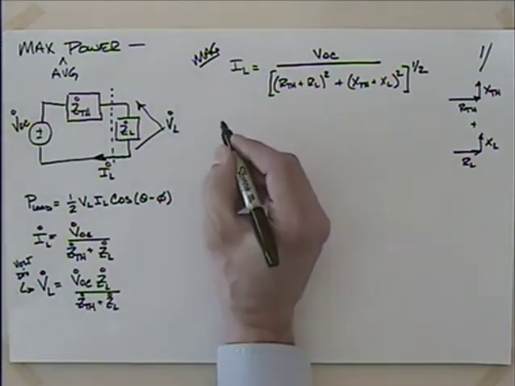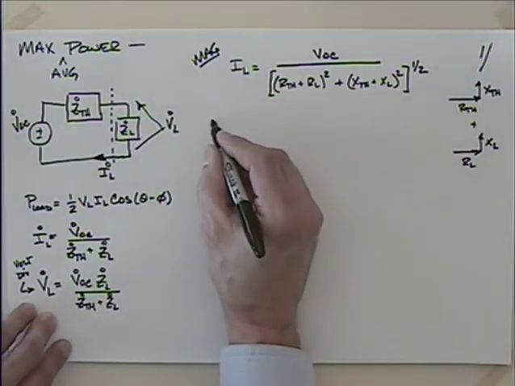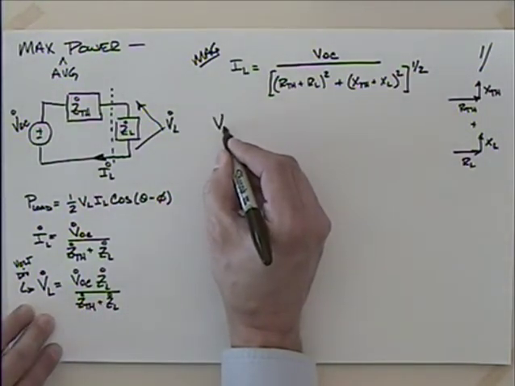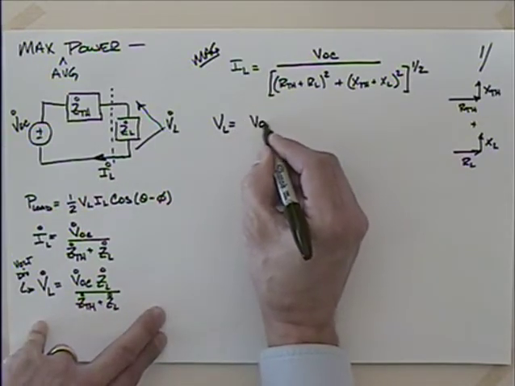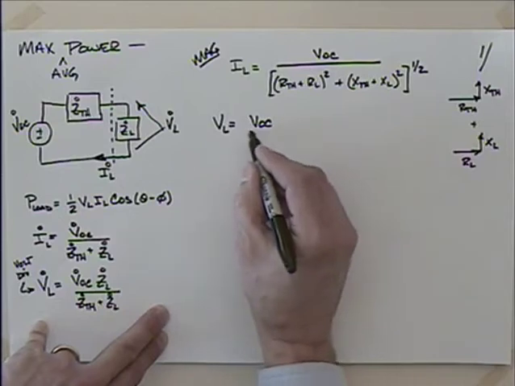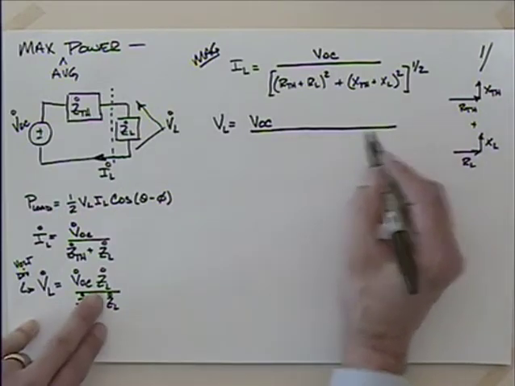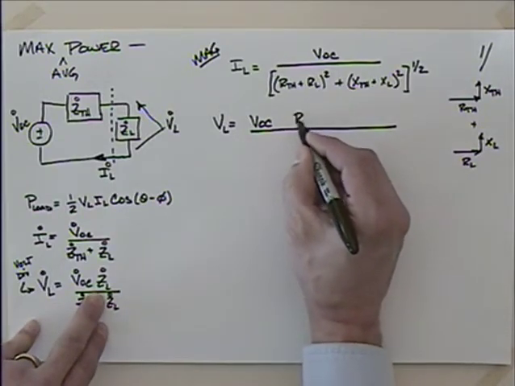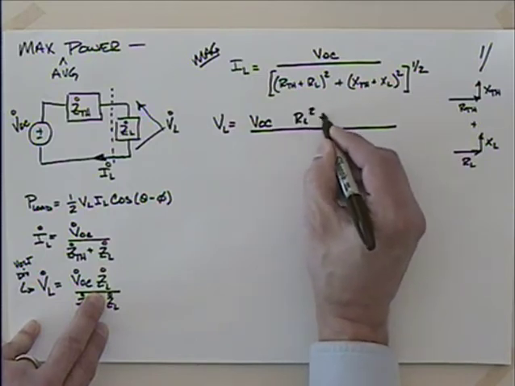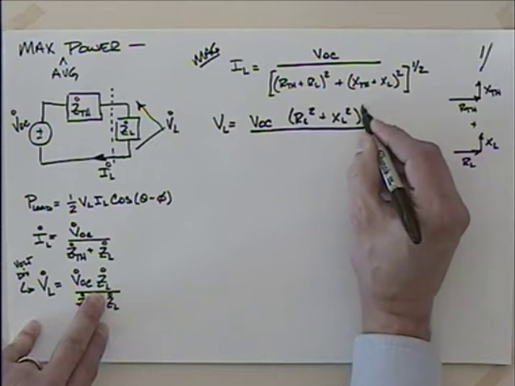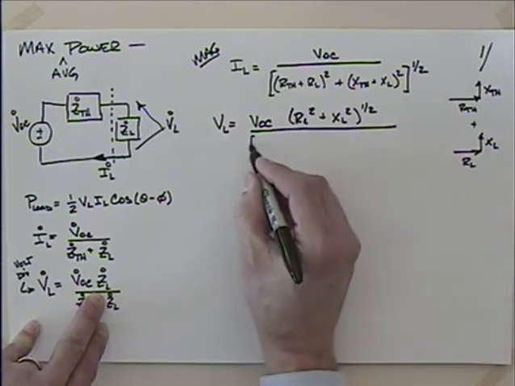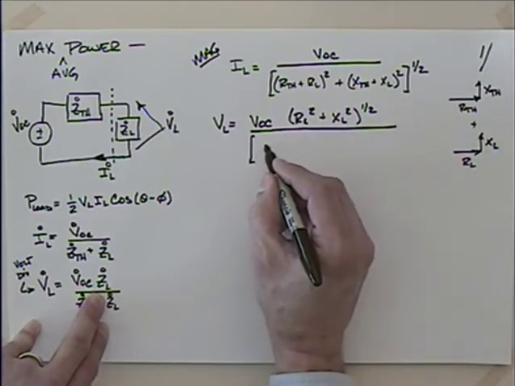So that would be the magnitude of that. And likewise, then, if I want the magnitude of VL, I could say that was the magnitude V open circuit. And then this is a little more complicated. I have to deal with that Z sub L, which would be RL squared plus XL squared. Take that to the 1/2 power. And then nicely, the denominator would be exactly the same thing as the current.